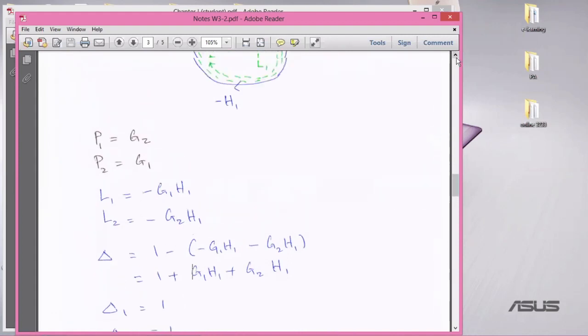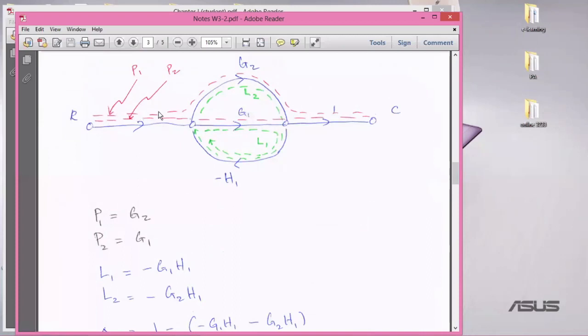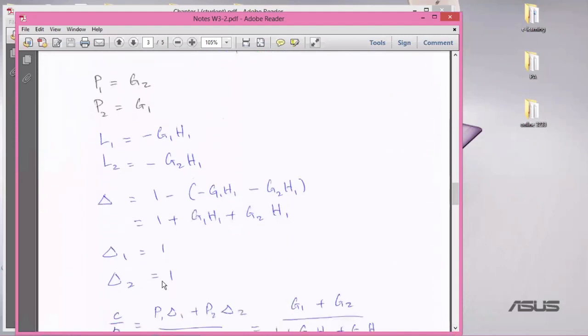Let's go back. This is the first forward path. Both loops L1 and L2 touch P1, sharing this common node as well as that common node. So you need to drop L2 and L1 from delta to get delta 1. So delta 1 is only 1. You must drop all the loop gains that touch the first forward path. What about the second forward path?